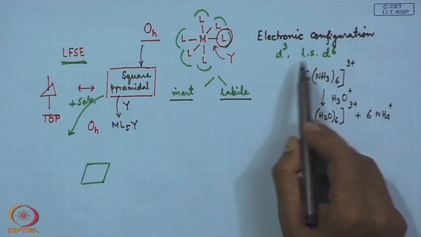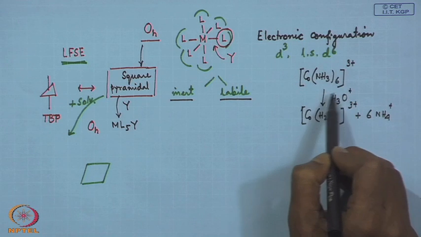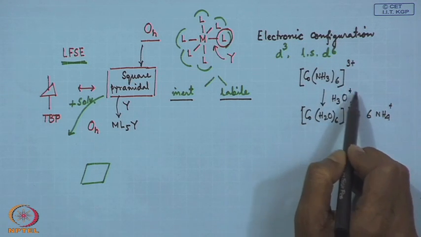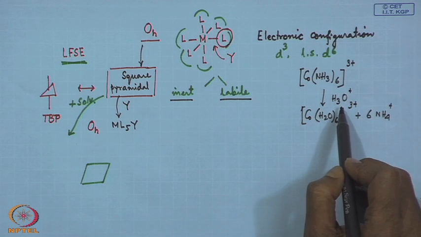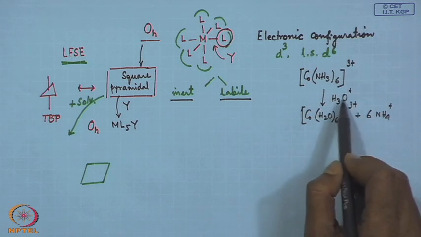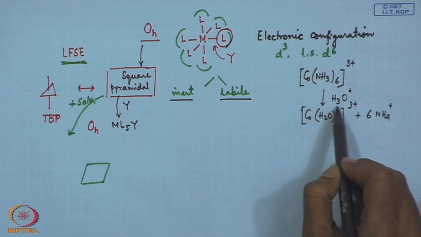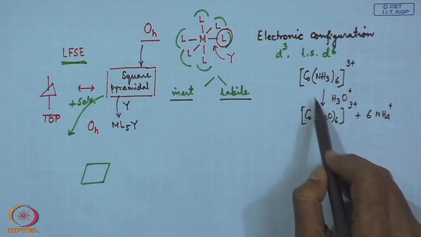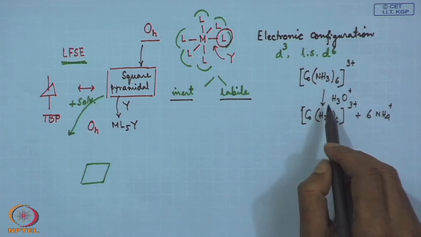So, it is a very substitutionally inert molecule, and that particular inert molecule goes for the corresponding reaction with the acid, or the protonated, the proton which is aquated, that means H3O+. So, the rate of this reaction is very slow and we get a corresponding inert species.